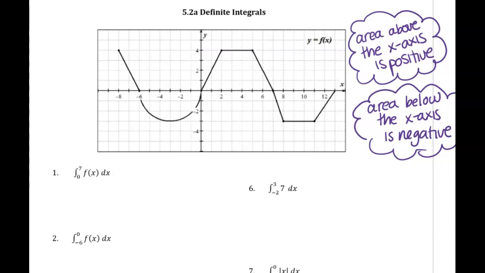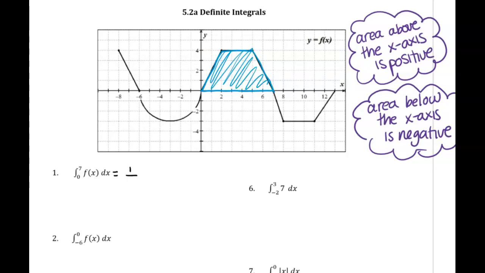So if we look at the integral from 0 to 7 of f of x dx, and this whole graph is f of x, from 0 to 7 it looks like we have this trapezoid. So technically, the area under the curve is just the area of that trapezoid.